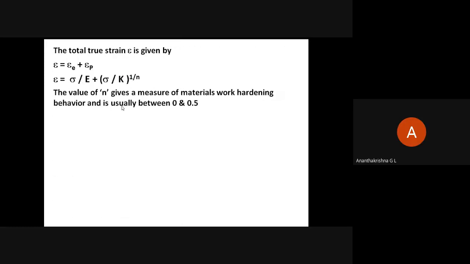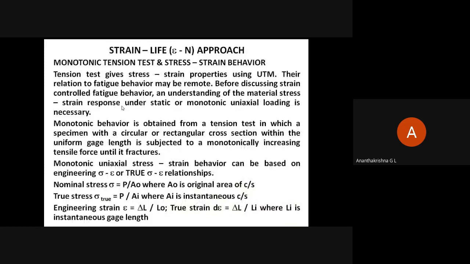So before that, what we learned is the monotonic tension test, wherein we learned about the nominal stress. Nominal stress uses A0, the original area of cross section; calculation of stress based on the original area of cross section of the specimen is called nominal stress. When we use the instantaneous area of cross section, that is, the area of cross section of the specimen at that particular instant, then it is called true stress.